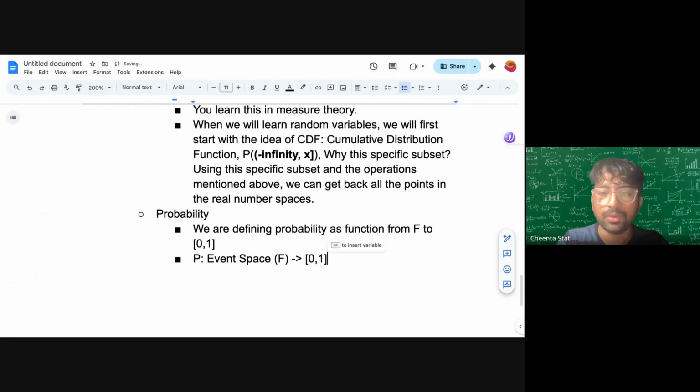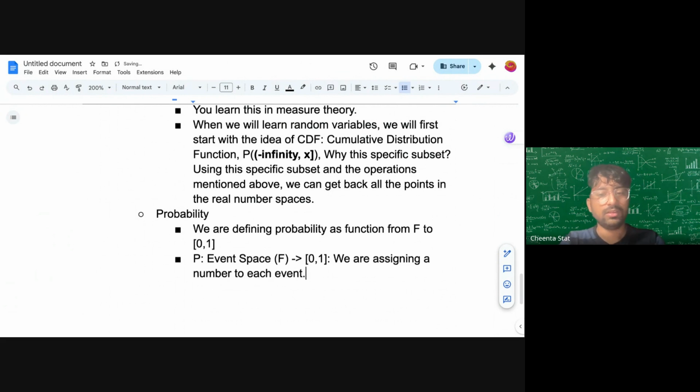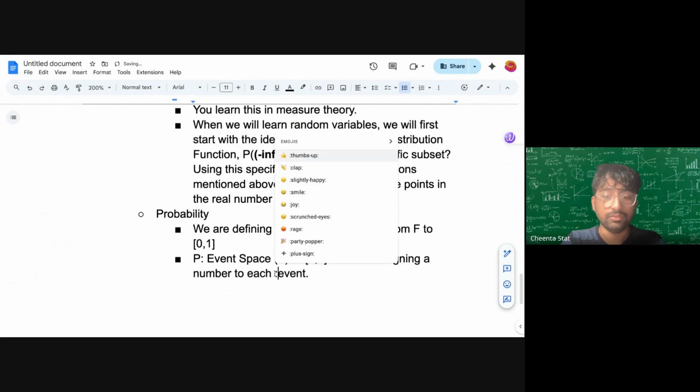We are assigning a number to each good event, not all events.